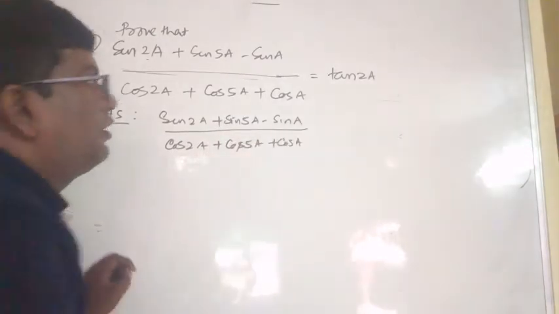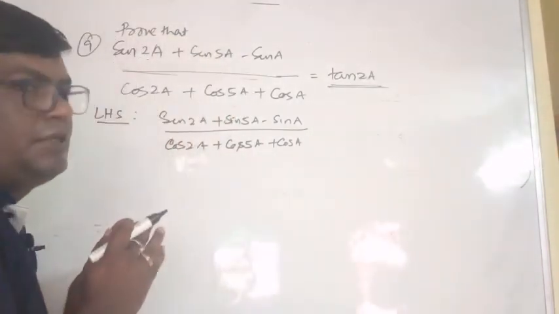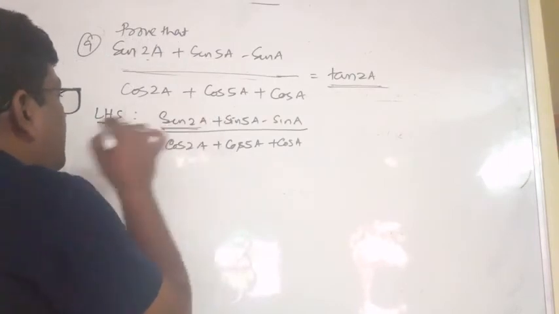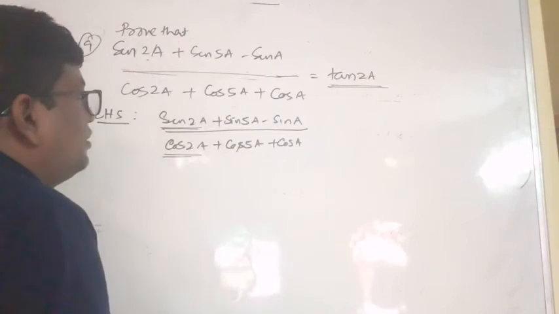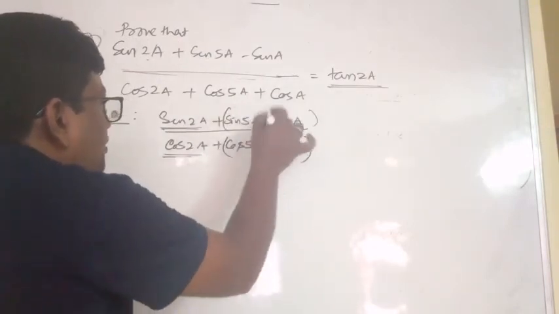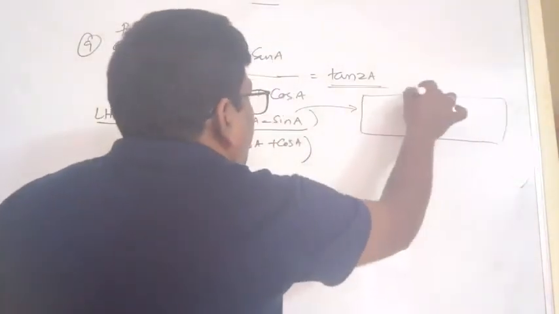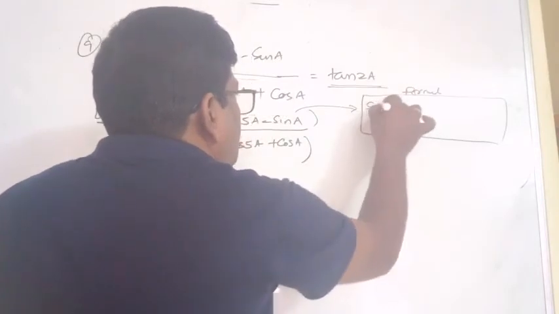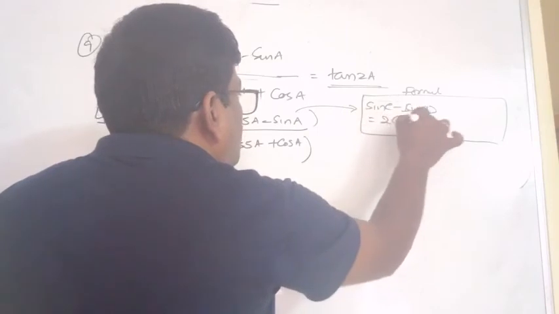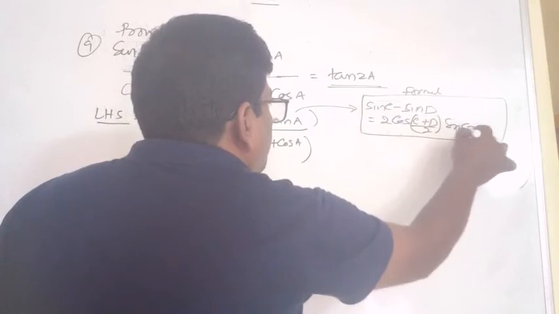In RHS we require tan 2a, so keep the 2a term as it is, and apply the formula sin c minus sin d, which is 2 cos (c plus d) by 2 into sin (c minus d) by 2.